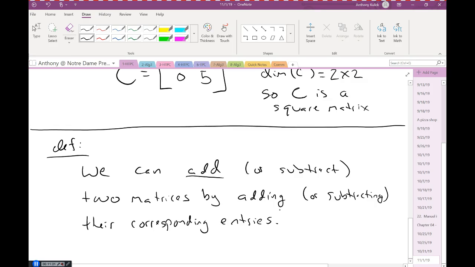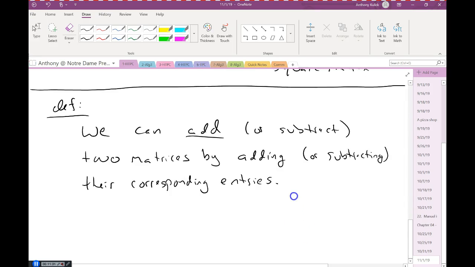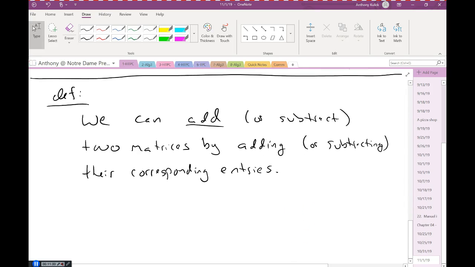Okay, so we can add two matrices together by adding their corresponding entries. So that's like our word definition of matrix addition.